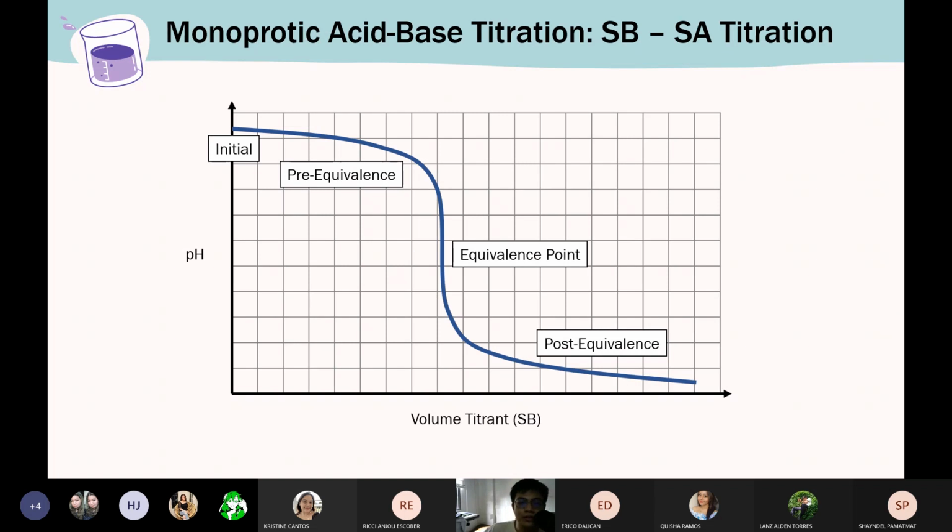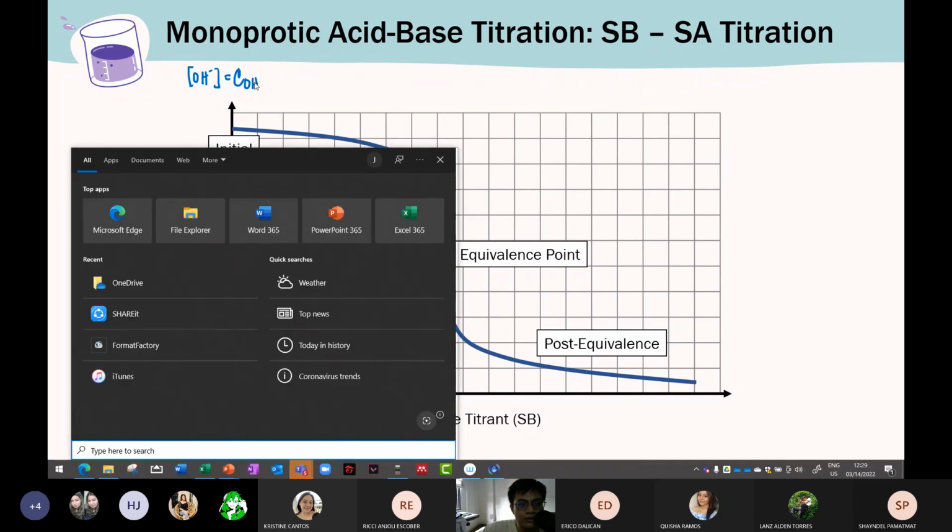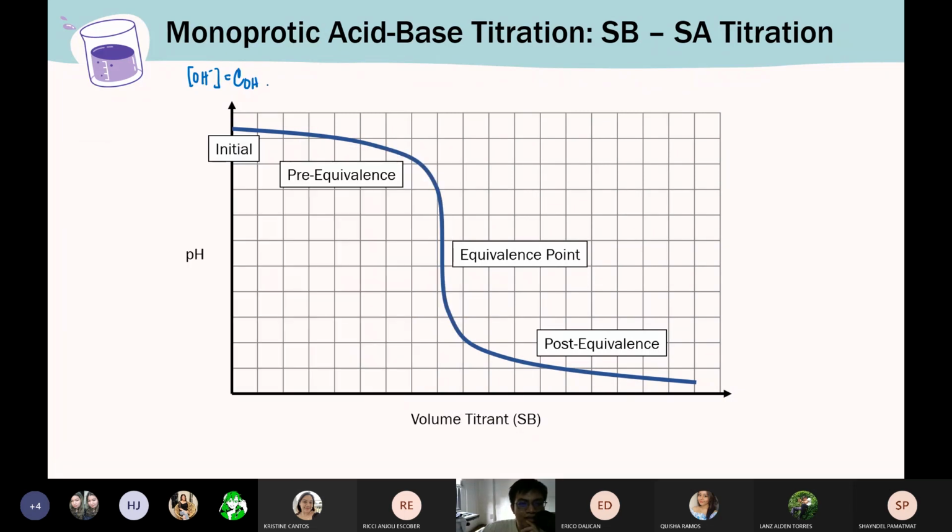Let's try this one, just to summarize. Okay? So, for the initial, the concentration of OH is whatever the concentration of the base is. So whatever the concentration of the base is, yun yung OH mo. At pre-equivalence, nababawasan yung base.